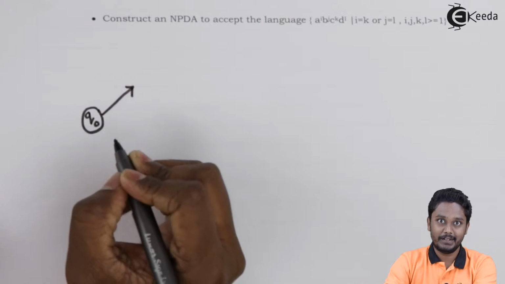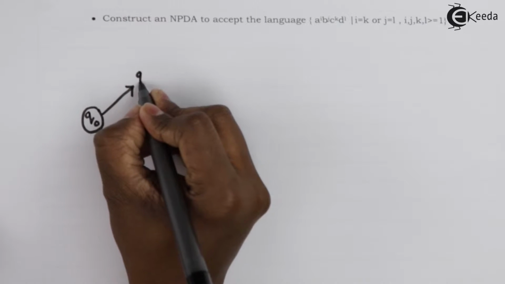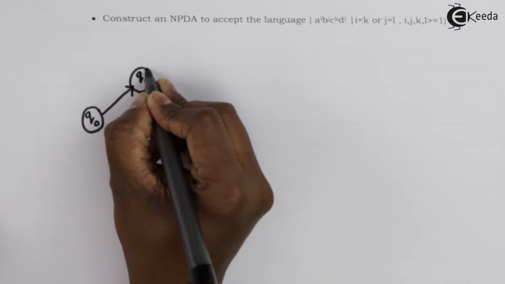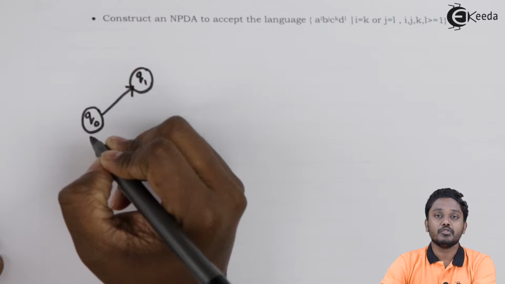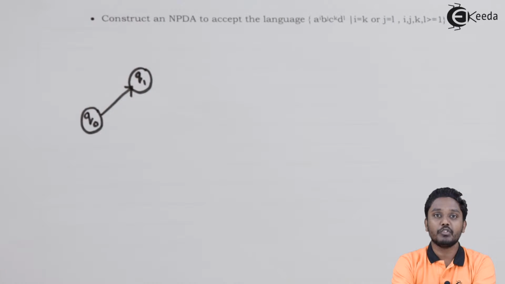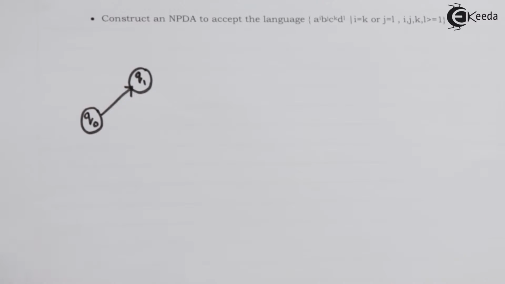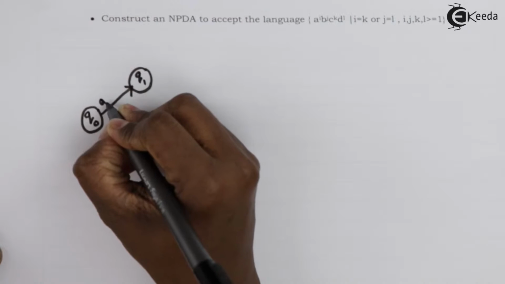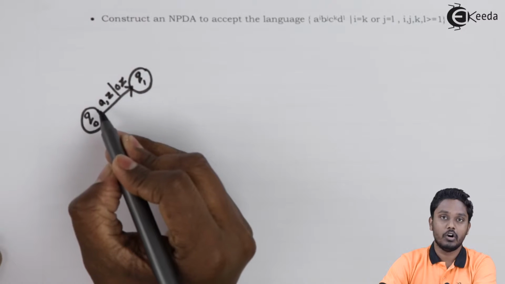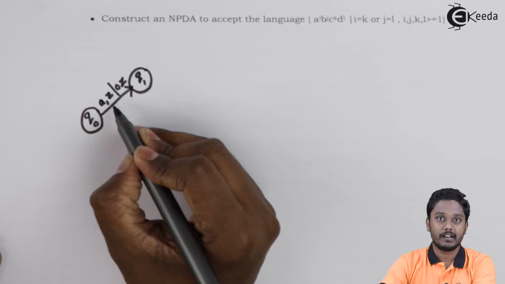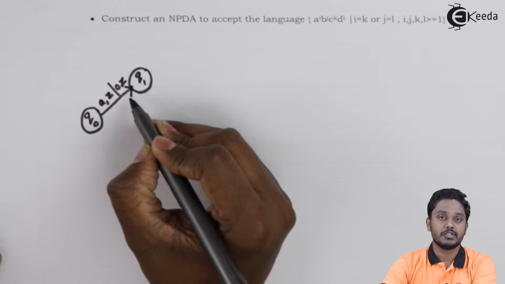Let's use the state Q1. This branch is used for the comparison of A and C. Over here, I'll push a 0 with every encounter of A, and I'll pop that 0 with every encounter of C, while skipping B and D. So the transition would be on A, with Z as the top of the stack, push 0 onto the stack.